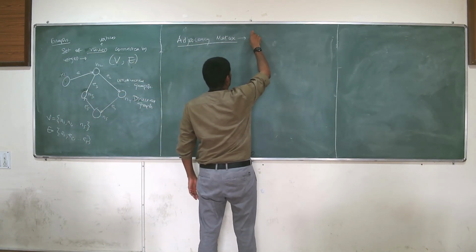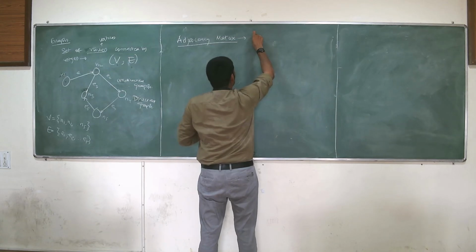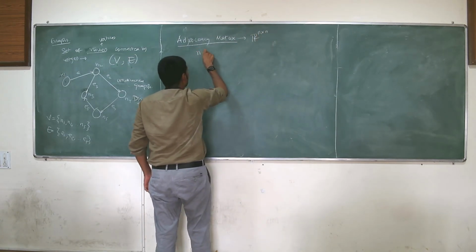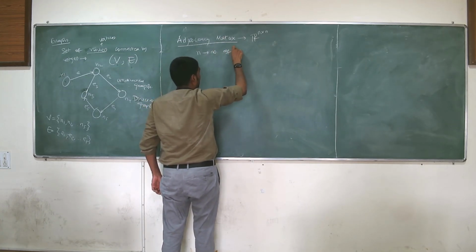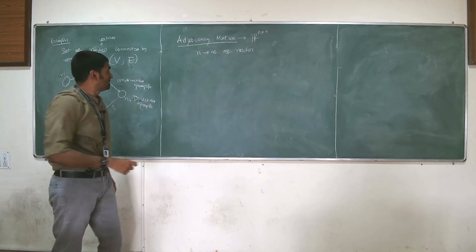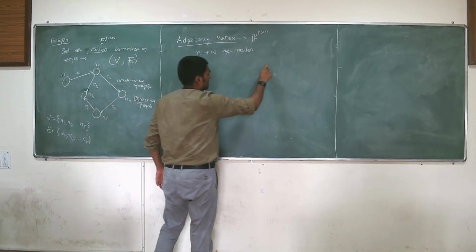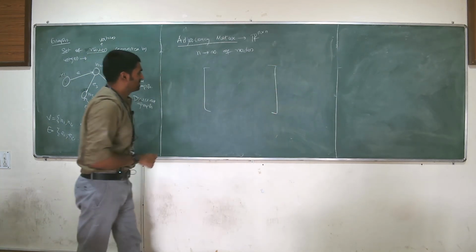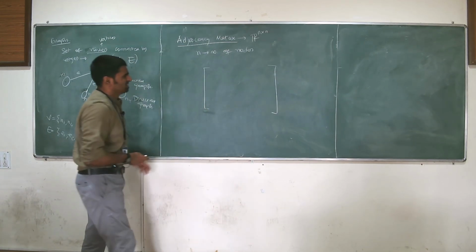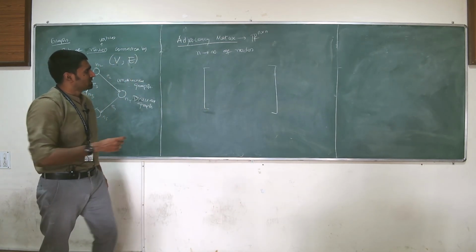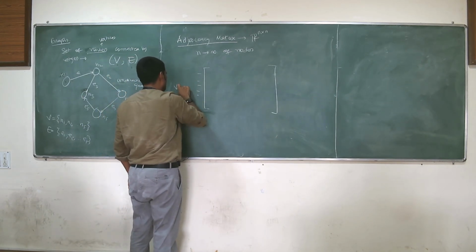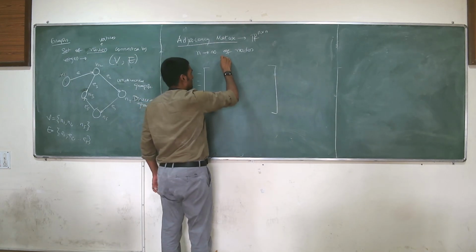And an adjacency matrix is an n cross n matrix, where n is the number of nodes. Okay. So the rows correspond to your vertices.